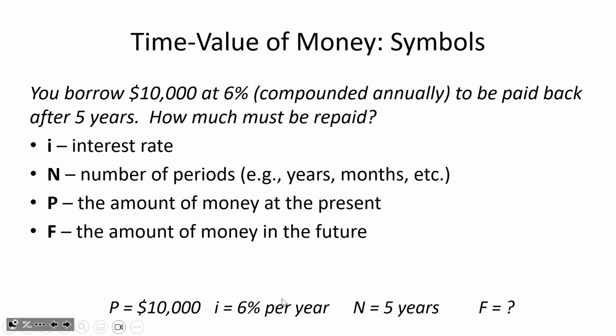I think in our prior class meeting we had F equals P times (1 plus i) to the N power. So if you want to find out what lump sum future amount is due, it would be the present value multiplied by 1 plus i to the power of N. And the reason why N is an exponent is that it takes into account the effect of compounding.